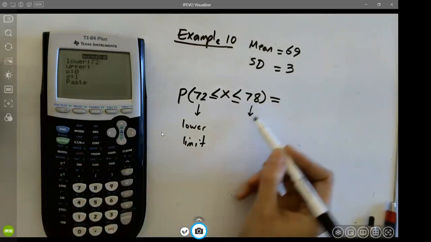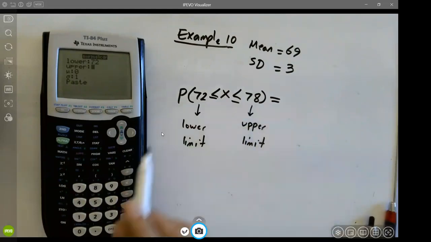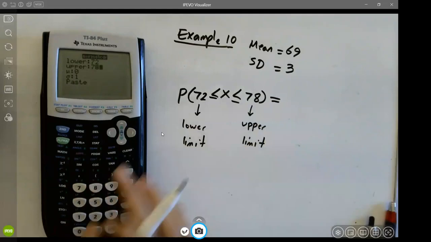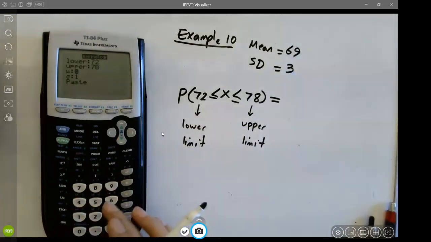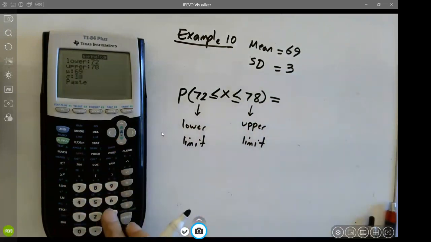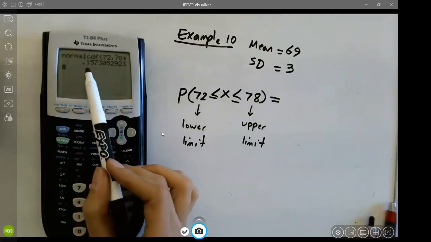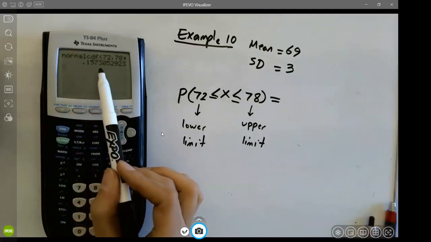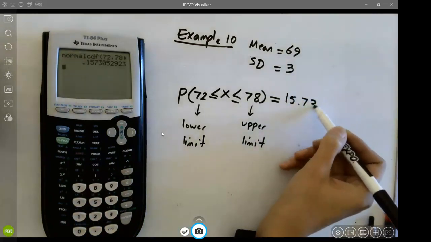Our upper limit is 78. The mean of the collection is 69 with standard deviation equals to 3. So the probability is almost 16% or 15.73%.